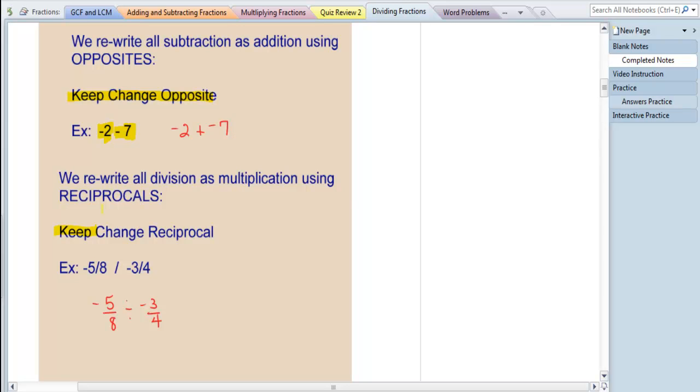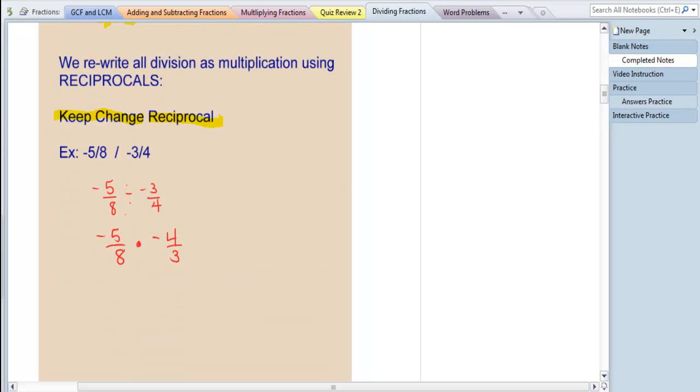We're going to keep the first number. So in this case, -5/8 is my first number. We're going to change division into multiplication. And then we're going to write the reciprocal of the last fraction. So that would be -4/3.